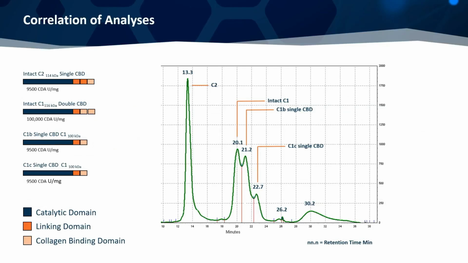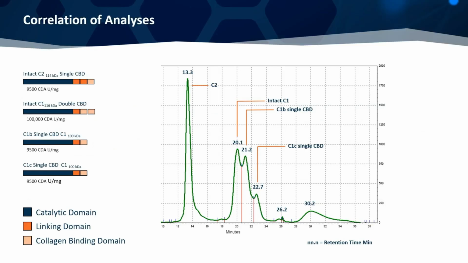We found, surprisingly, that intact C1 had the highest activity. As you can see here, in the initial experiment, it was about 100,000 CDA units per milligram purified protein. C2 and the other forms, the C1b and C1c, actually had about 10% of that activity.